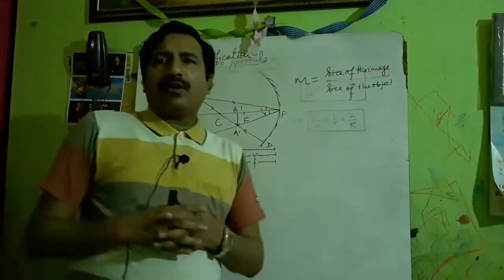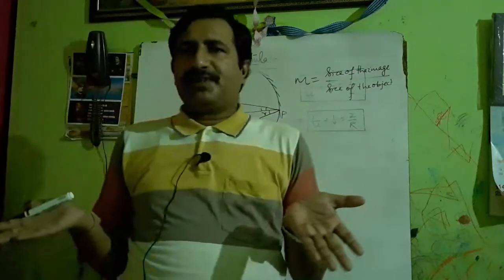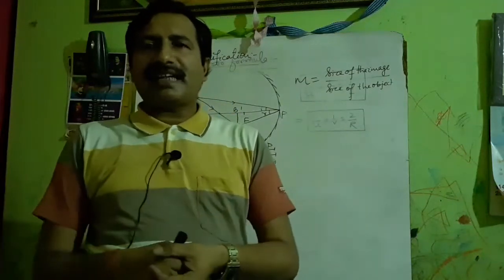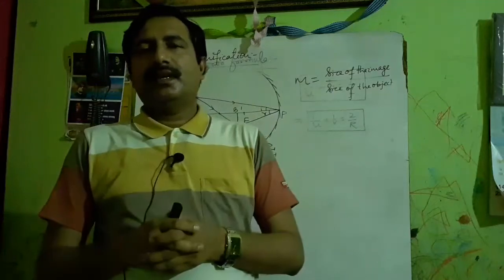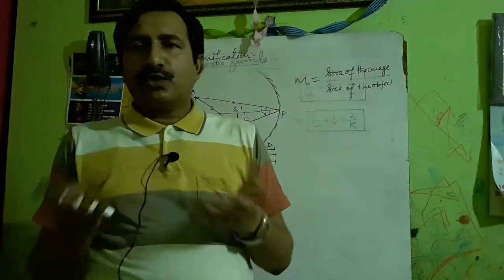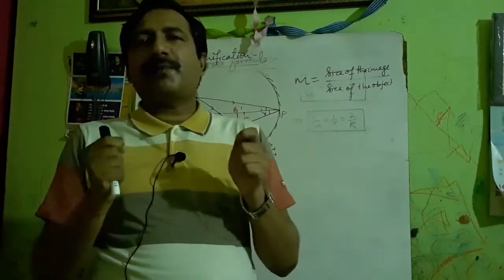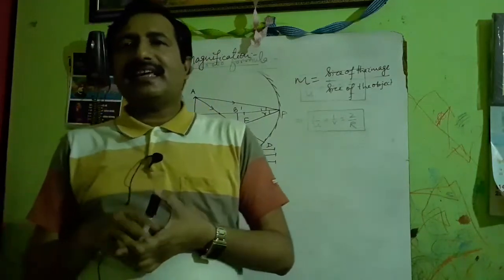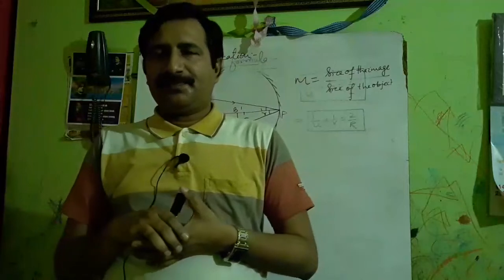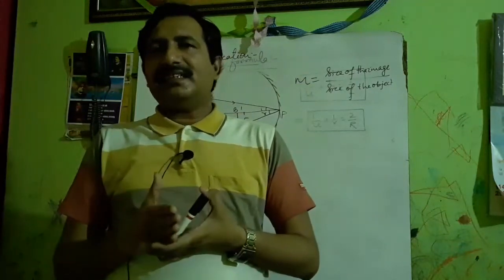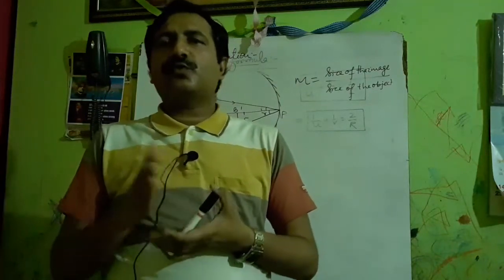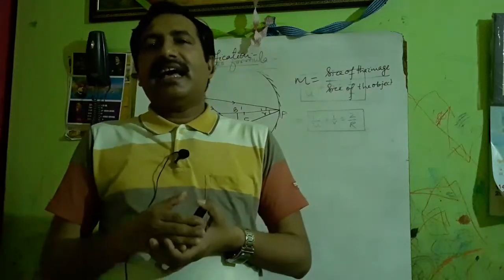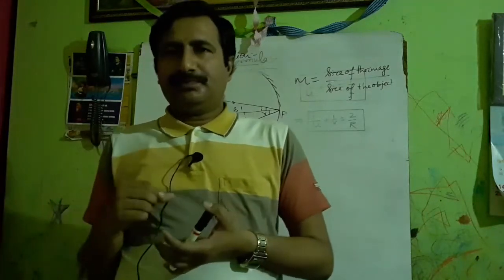You see, an object can be of three types. It can be linear, meaning one dimensional, like a wire. It can be two dimensional, like a sheet of paper. It can be three dimensional, like a sphere or a cuboid. So one dimensional is linear, two dimensional is superficial having area, and three dimensional has volume.